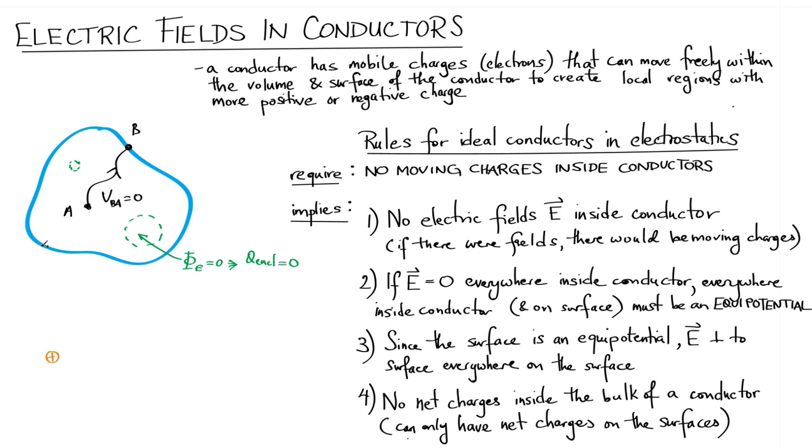So if we're demanding that there's going to be no field inside the conductor, then close to the point charge it'll look just like a point charge field distribution. But then when you get close to the surface of the conductor, it's going to warp a little bit. I'm not going to draw all the field lines. I've tried to do my best to show that the field lines come in perpendicular to the surface, okay? And they're going to terminate at the surface.